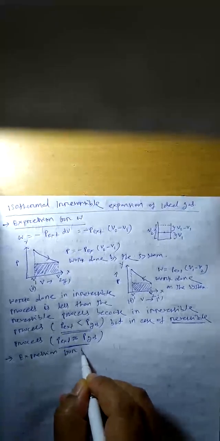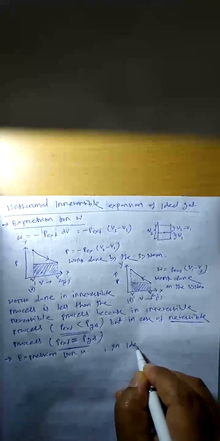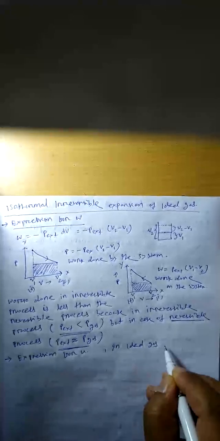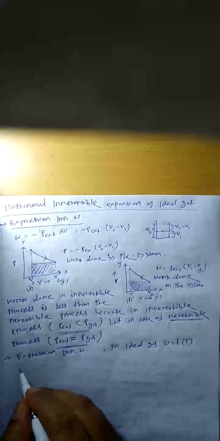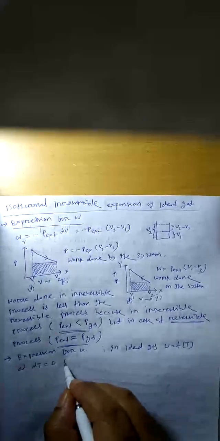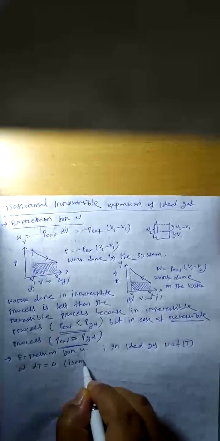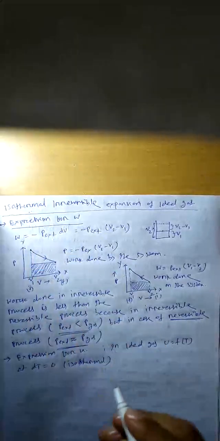Expression for U. You know that in an ideal gas, U is a function of temperature. dT is equal to 0 because it is isothermal, so the temperature is constant.